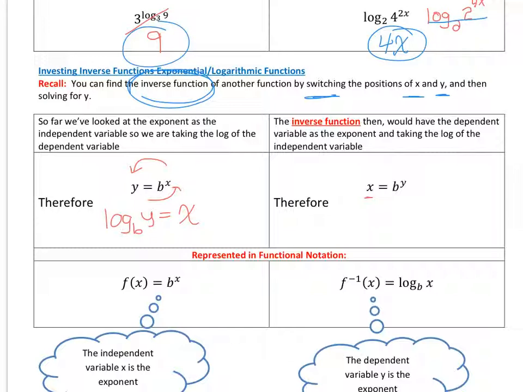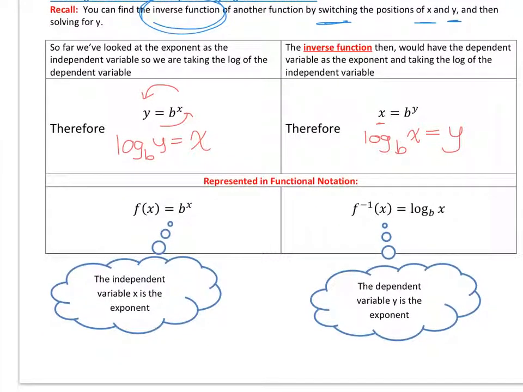And if we look at the associated logarithmic function of that, we would say that the log base b of that output is going to give us back the exponent. In this case, it's the dependent variable y. So we consider these inverse functions of each other.